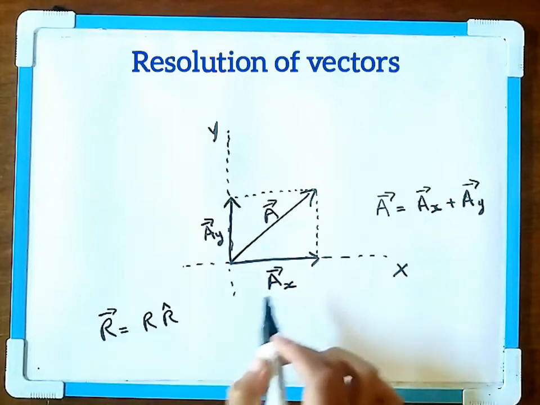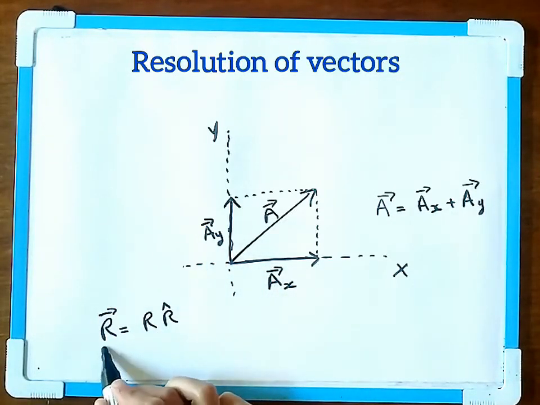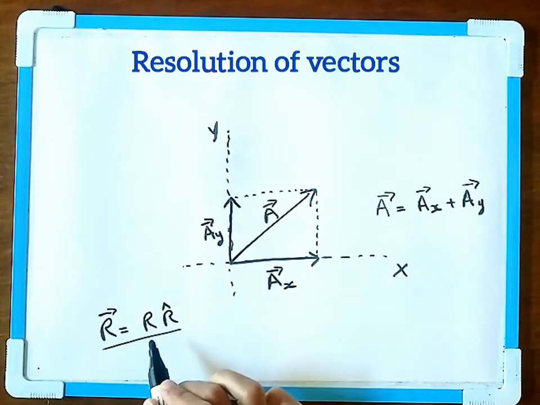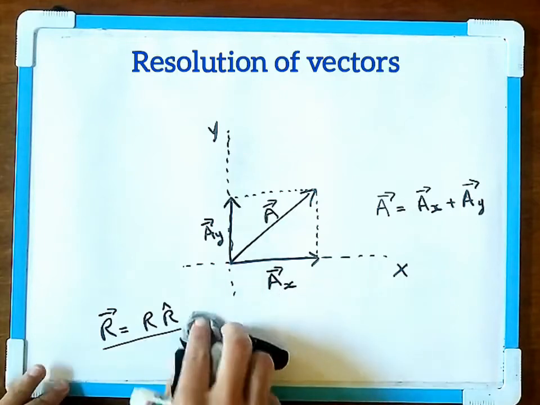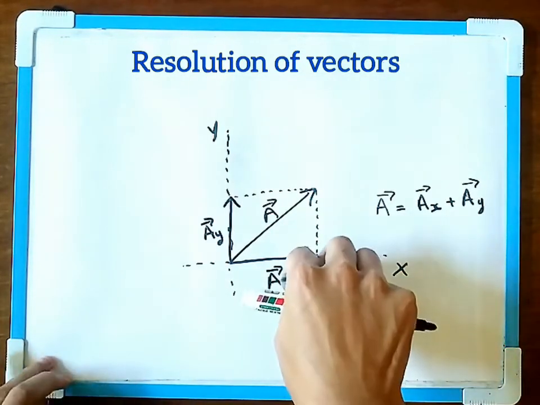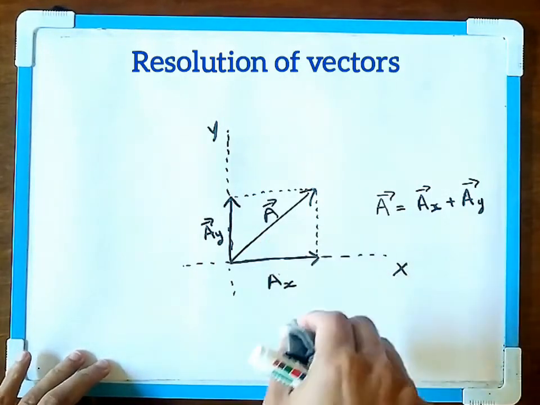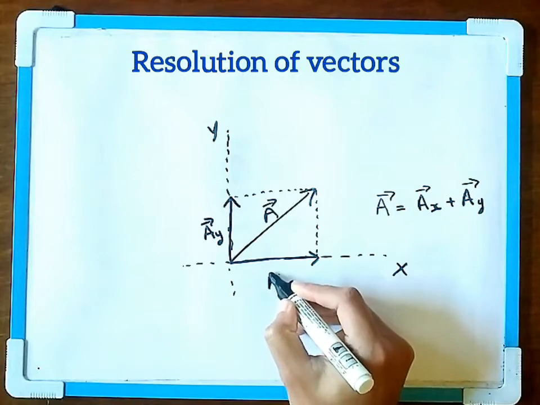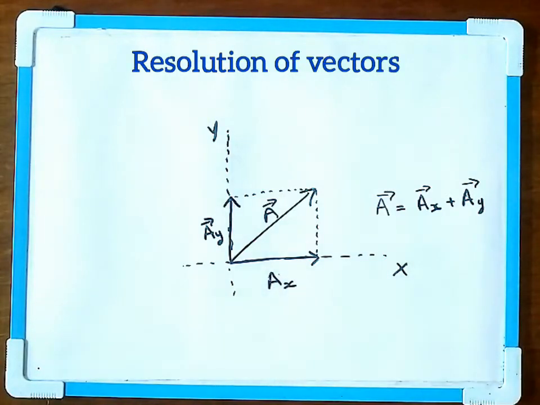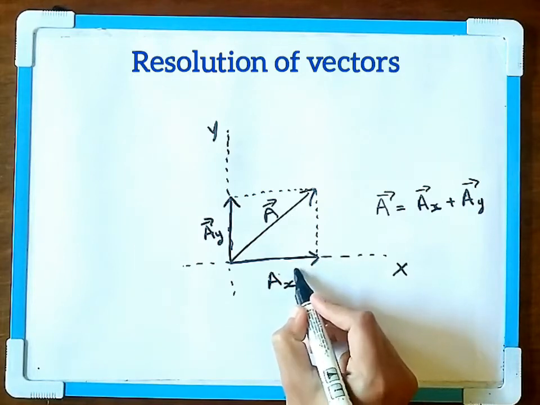So similarly here, AX and AY also, you can write in this form, one having magnitude and direction. So here, instead of this AX vector, I can write this as AX, which is the magnitude of the AX vector, and a unit vector I cap.